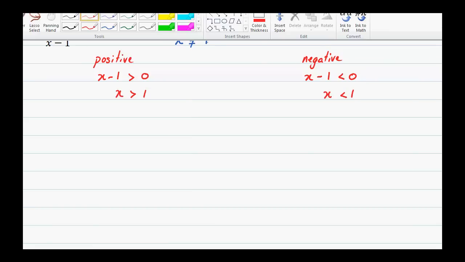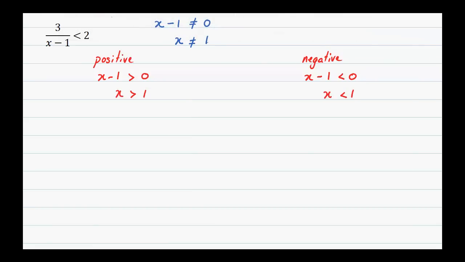Alright, then we need to go ahead and solve the inequality. So we have 3 over x minus 1 is less than 2. Now I'm first of all considering the positive denominator, so when I multiply by the denominator, my inequality sign does not reverse. So I get 3 is less than 2x minus 2.